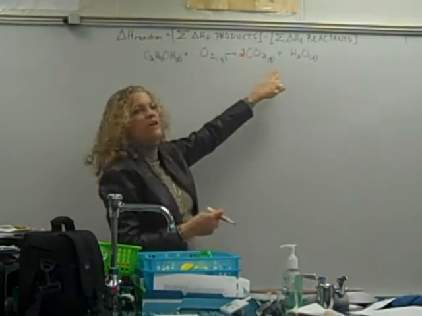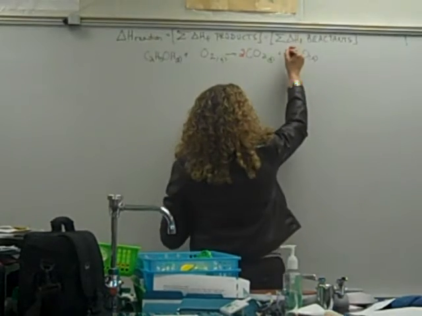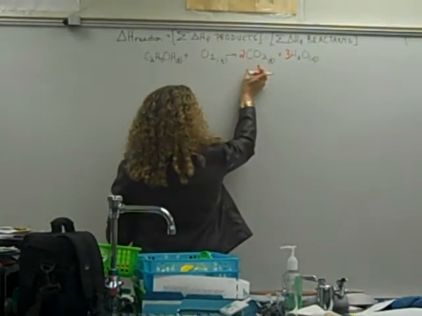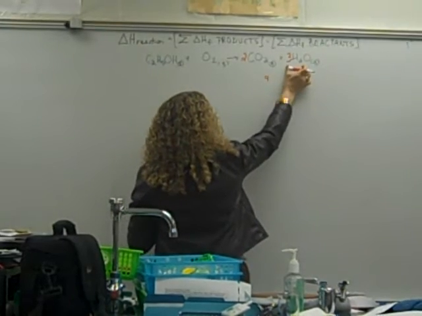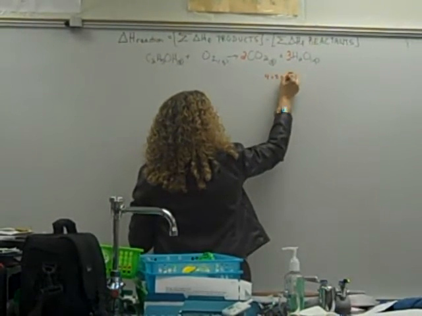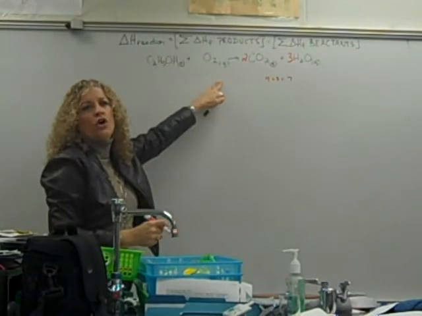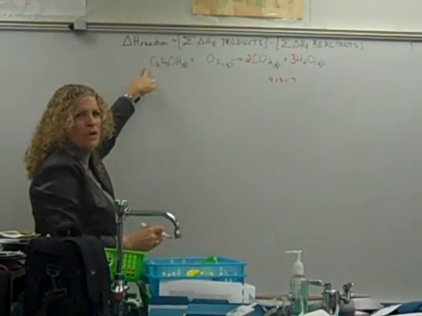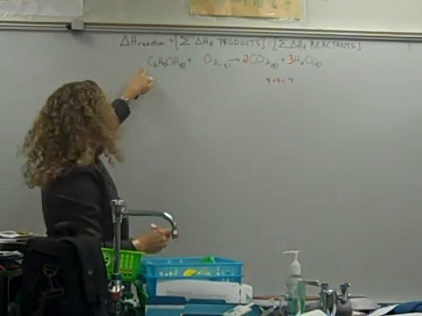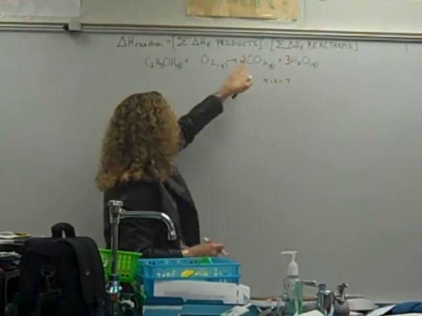So what do I put in front of H2O? Let's do a 3. And so now we have 2 times 2 is 4 oxygens plus 3 oxygens. We need 7 oxygens over here. And do we want to change this number if we can help it? No, because we've already got this 2 and the 3 to help that.